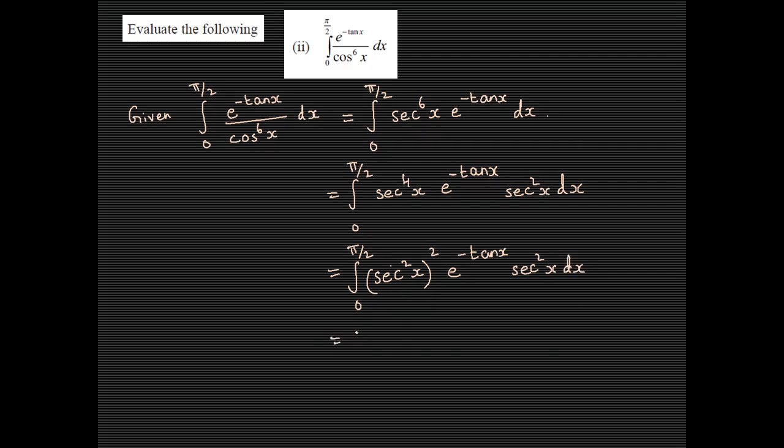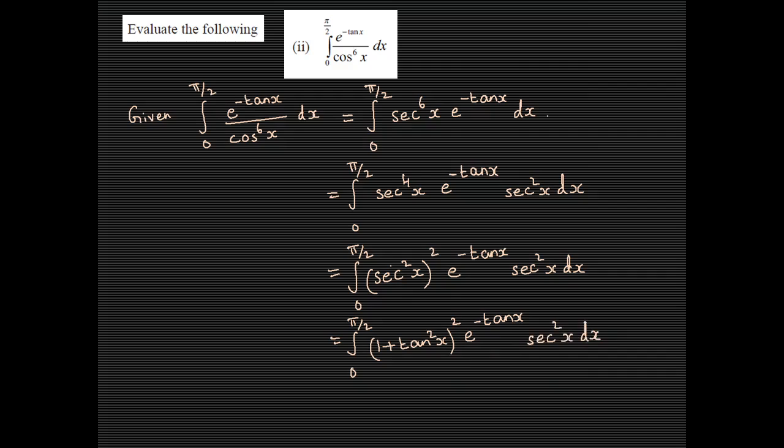What is the formula for secant square x? I am going to use that formula, that is 1 plus tan square x, the whole square, into e power minus tan x into secant square x into dx.